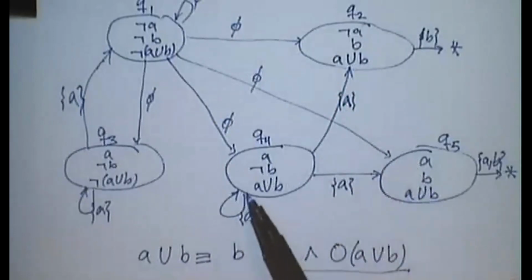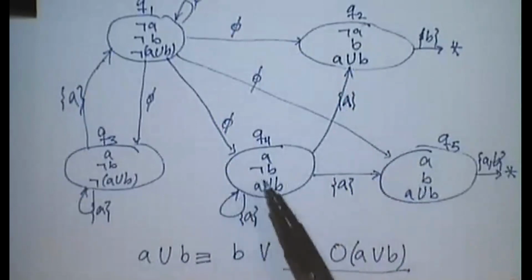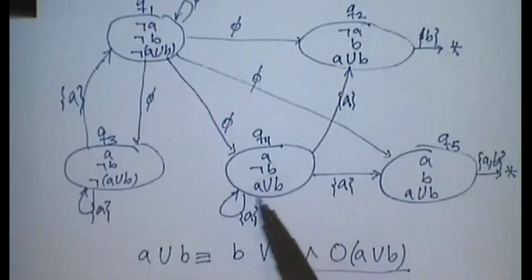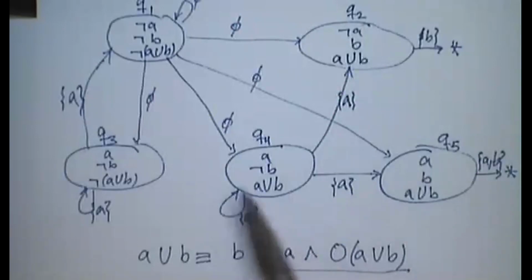So the problematic thing is that I can just go here infinitely many times. And this basically means that at every point in time, I'm saying that, okay, I don't have B right now, but I have A, and I promise that I will have B sometime in the future. But every time in the future, I'm just making the same promise without actually honoring it, without actually visiting a B, because I'm just going around here. So we want to avoid this.